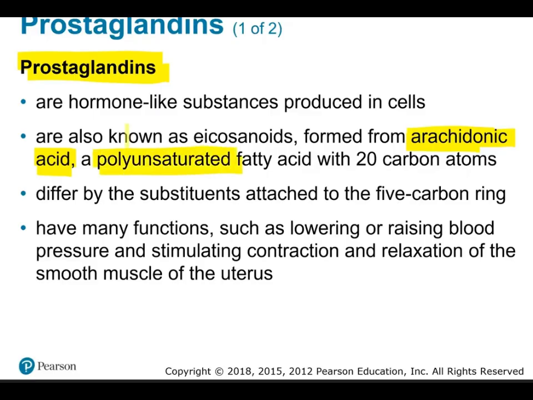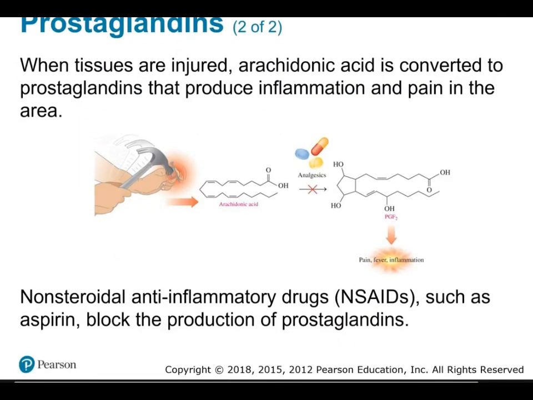I believe there are 4 double bonds, and the acid molecule contains 20 carbon atoms. Okay, so arachidonic acid gets modified to form this cyclopentane ring, and then different substituents at the cyclopentane ring will give these prostaglandins different properties.